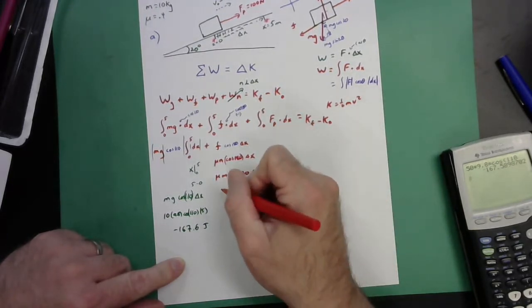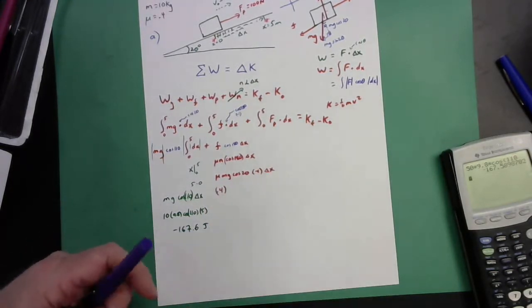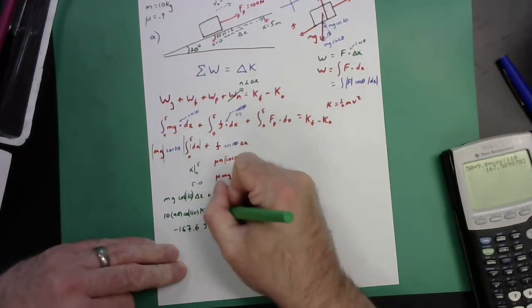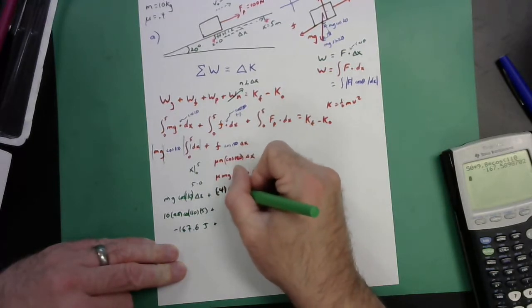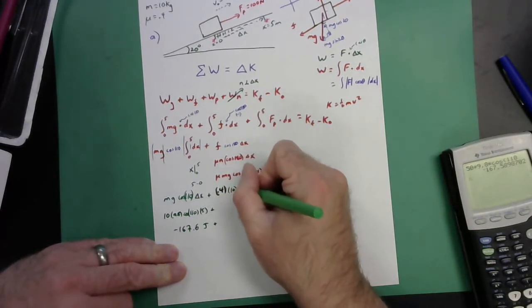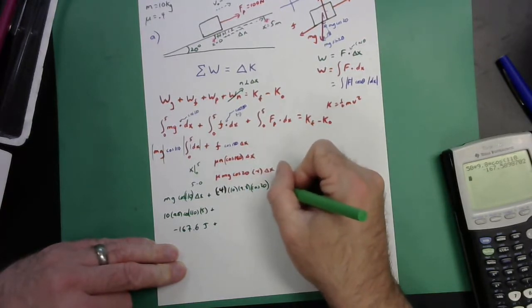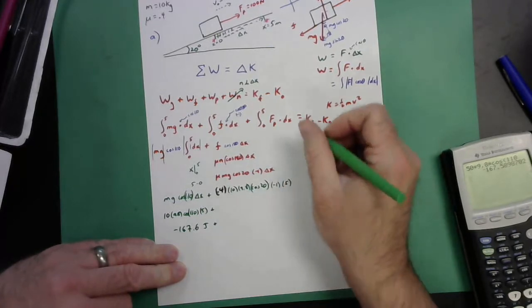Okay, let's stick our values in. 0.4. Oh, I should have switched colors here. Sorry, I was going to match what I was doing before. This is going to be 0.4 times that mass of 10 times 9.8 times the cosine of 20 times -1 times the delta x of 5 meters. Okay, we're going along 5 meters.